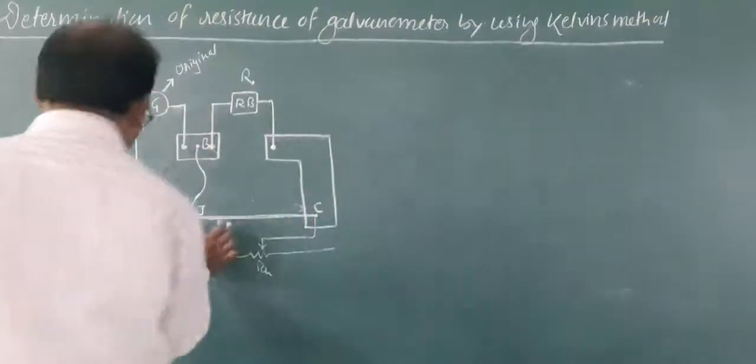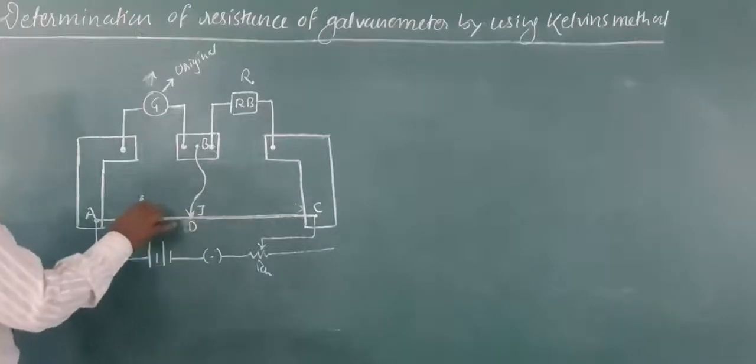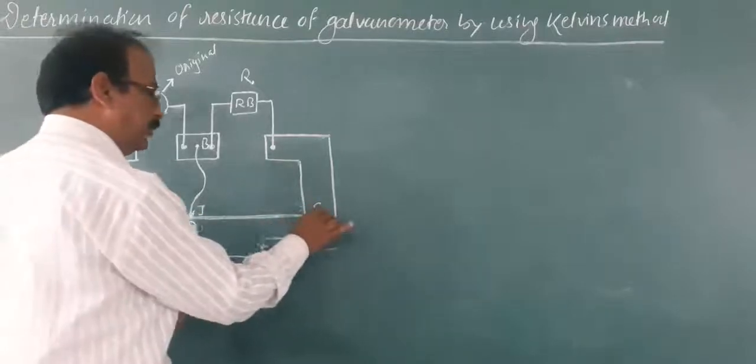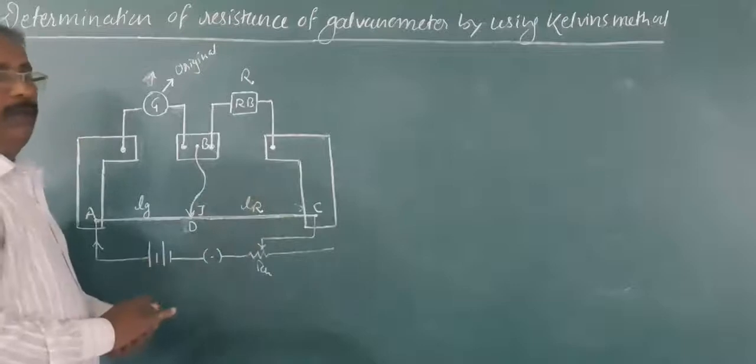Measure the distance of this point D from the left end of the wire, denoted by LG. Measure the distance of point D from the right end of the wire, denoted by LR.